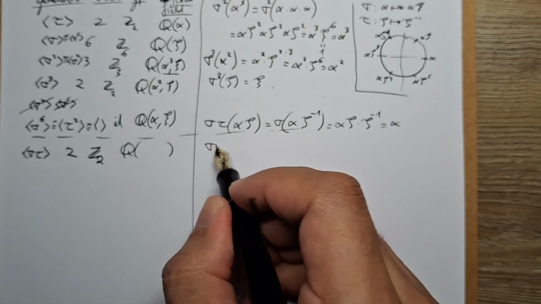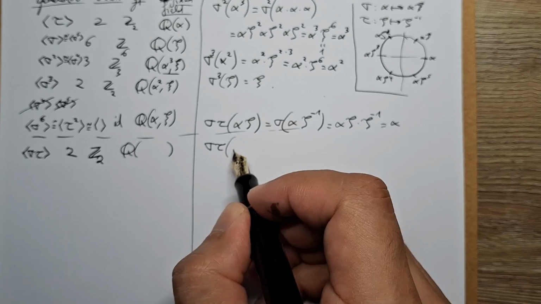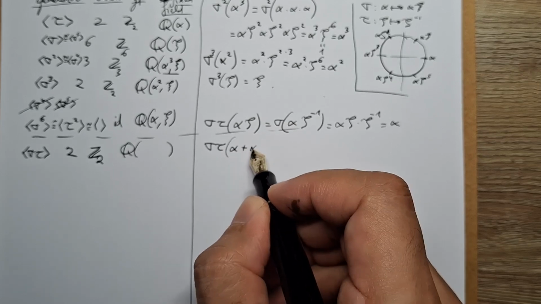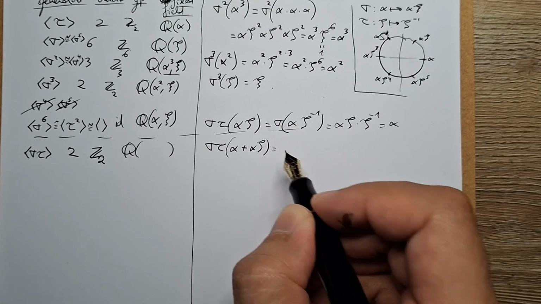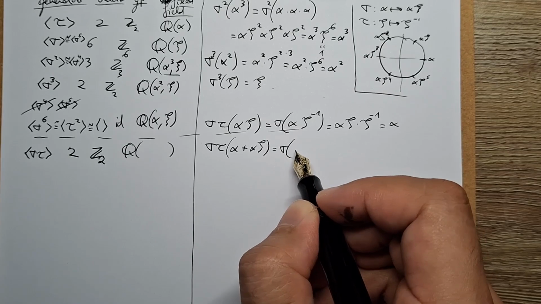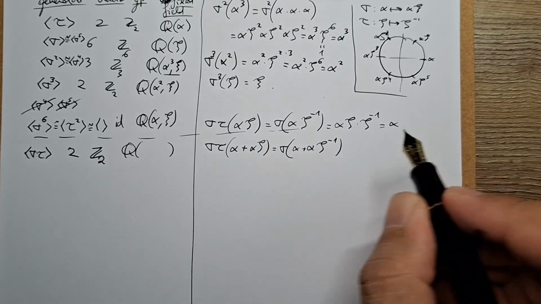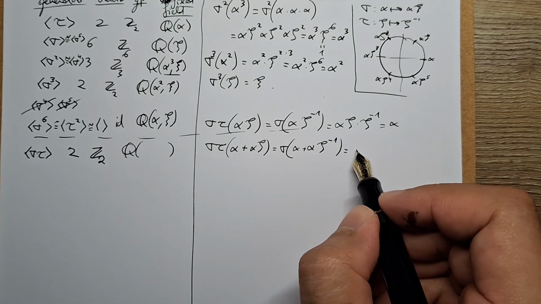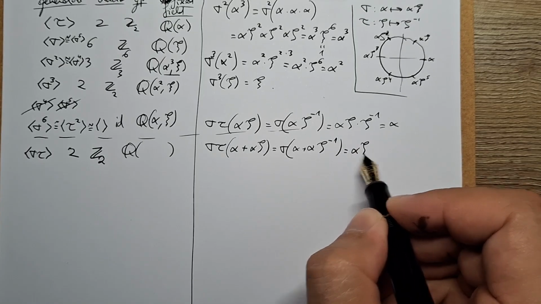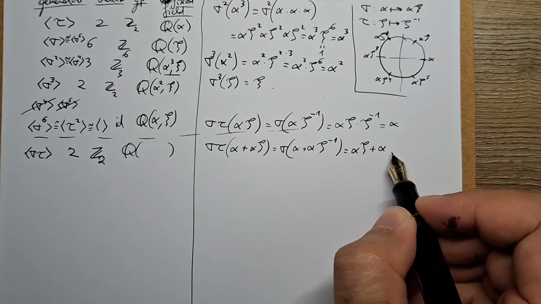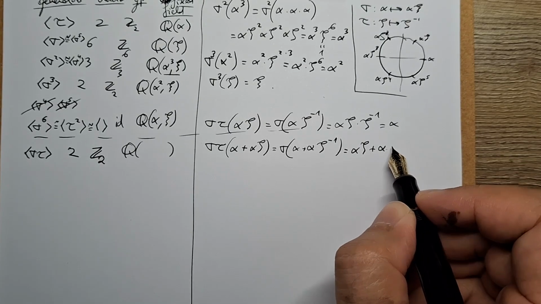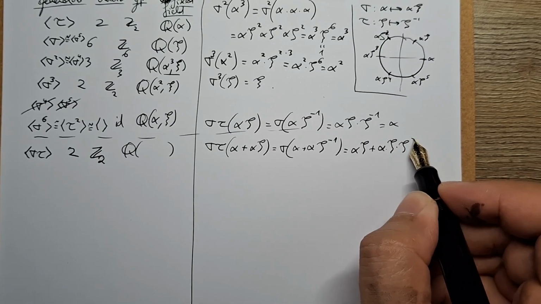What about if we apply sigma tau to alpha plus alpha theta? What will happen is that we will have sigma of alpha plus alpha theta to the -1. And now, when we apply sigma, we will have alpha multiplied by theta plus alpha multiplied by theta -1.